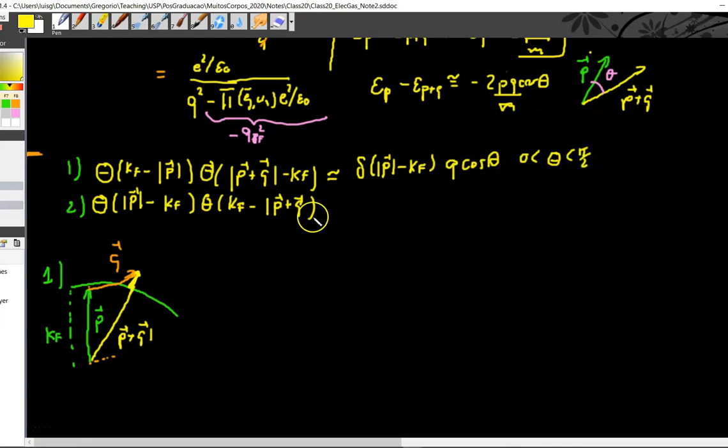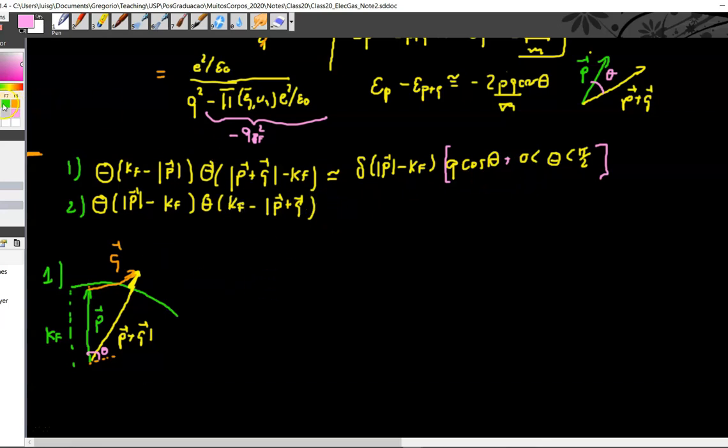So this theta here would be larger than 0 but smaller than pi over 2. So the angles would have something like cosine of theta, where theta is between 0 and pi over 2.